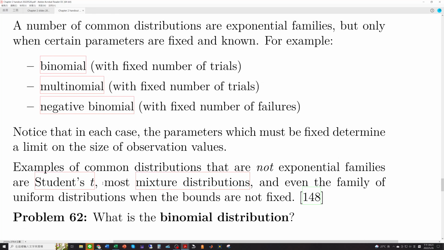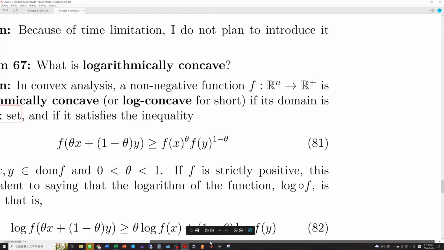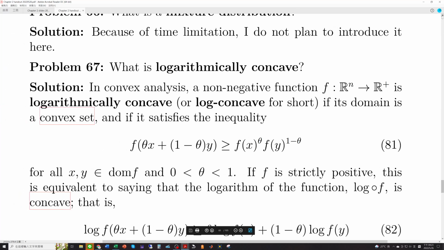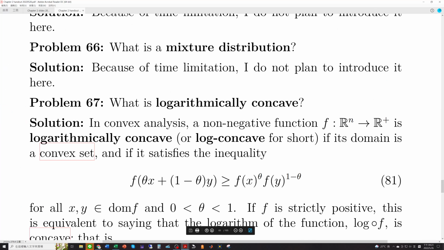Most mixture distributions. What are mixture distributions? So let us see problem 66. What is a mixture distribution? Solution.